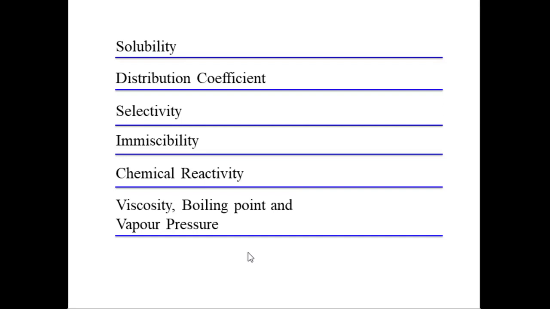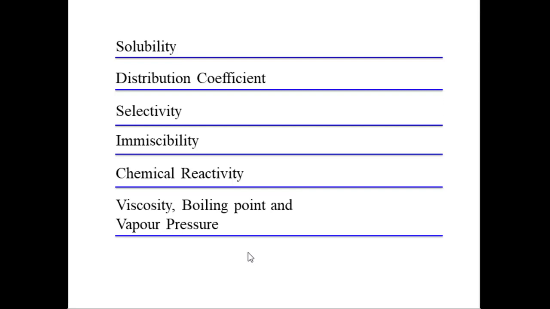So the solute should be very soluble in the solvent phase. If it is not soluble, then the property is attributed to thermodynamics. Right. So let us not go into the thermodynamic approaches of why the solvent is not capable of dissolving a particular analyte.